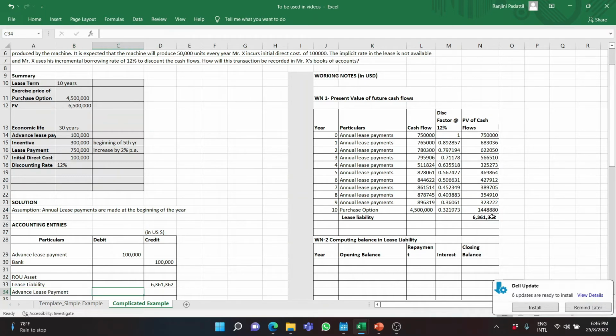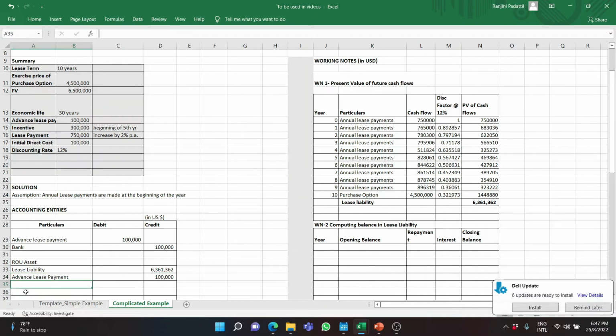So let's consider that here. The initial, oh yes, the initial direct cost, that will also come here. Now we get our ROU asset, which is the sum of all of these three put together, which will more or less be equal to the fair value of the asset of 6.5 million.